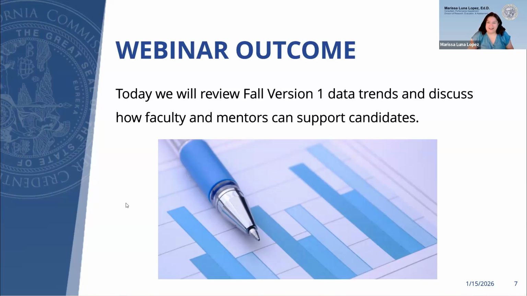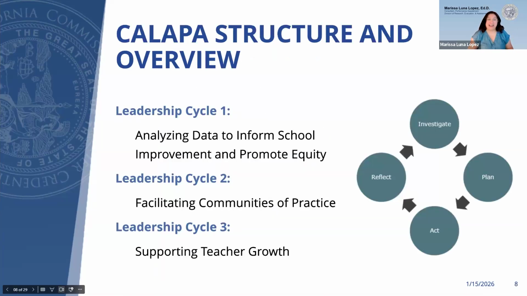Okay, let's go ahead and go to the next slide. So the Cal APA structure and overview. We will be talking about both Cal APA and Cal TPA, and we'll be talking about EdSped and Cal TPA general education, so we'll be moving between them. Leadership cycle 1, analyzing data to inform school improvement and promote equity. Leadership cycle 2, facilitating communities of practice, and leadership cycle 3, supporting teacher growth.